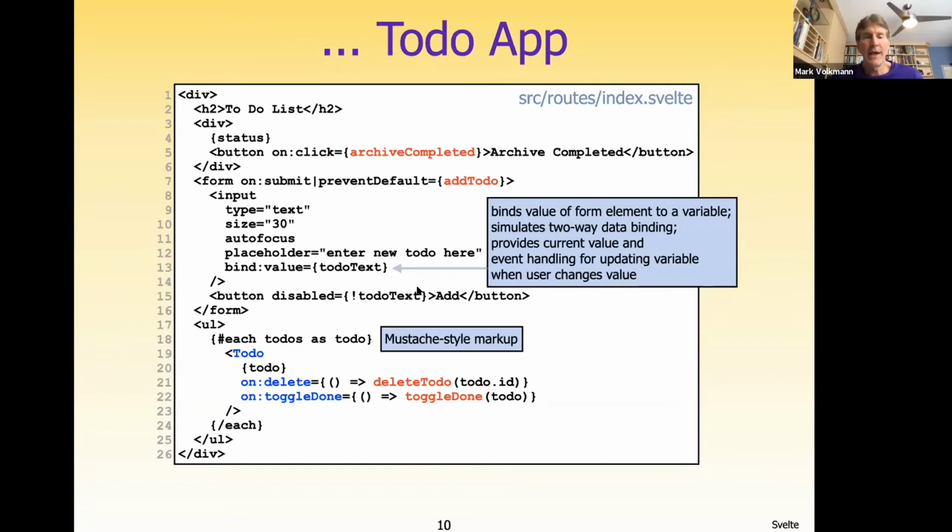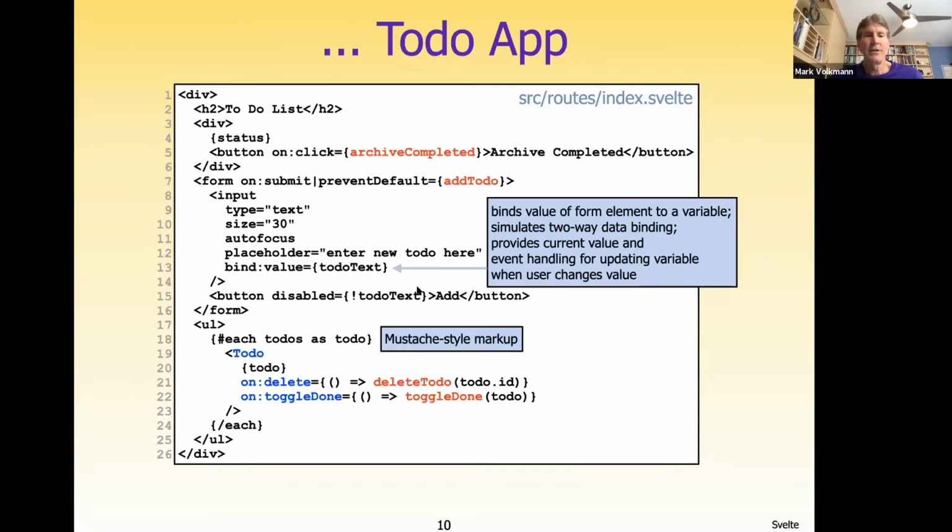And so on line 7, I'm saying I want to prevent the default form submission. That's the prevent default part. And what I want to do instead is call my add to do function that we saw in the previous slide.